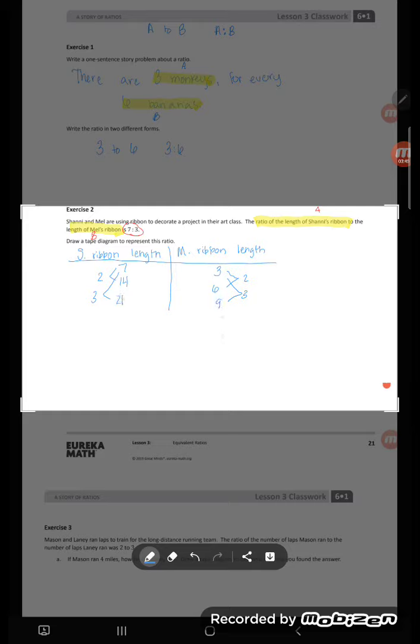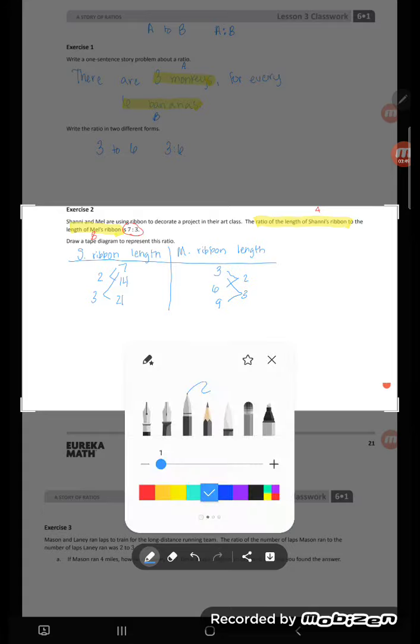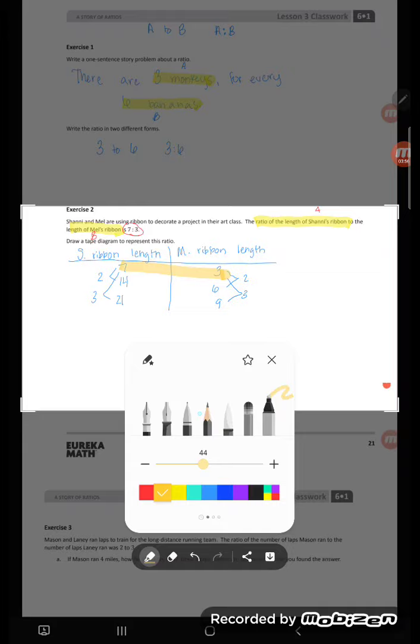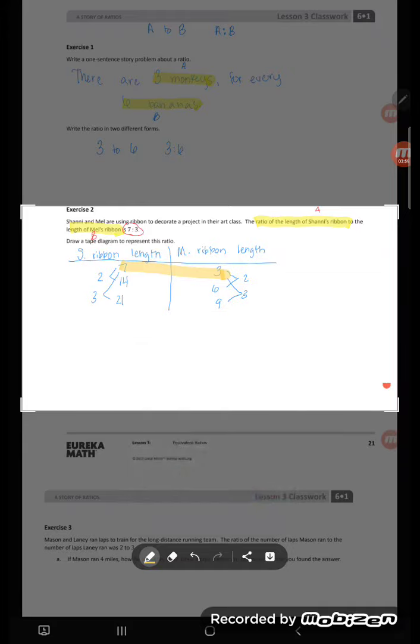Now that we got some numbers, let's use what's called a tape diagram to show how this works. So I'm going to first highlight my first row just so you can keep track of where all these are coming from. I'm going to use orange. I'm even going to draw the tape diagrams in orange to make it easy. So when I draw a tape diagram, I've got to label it and stack it.